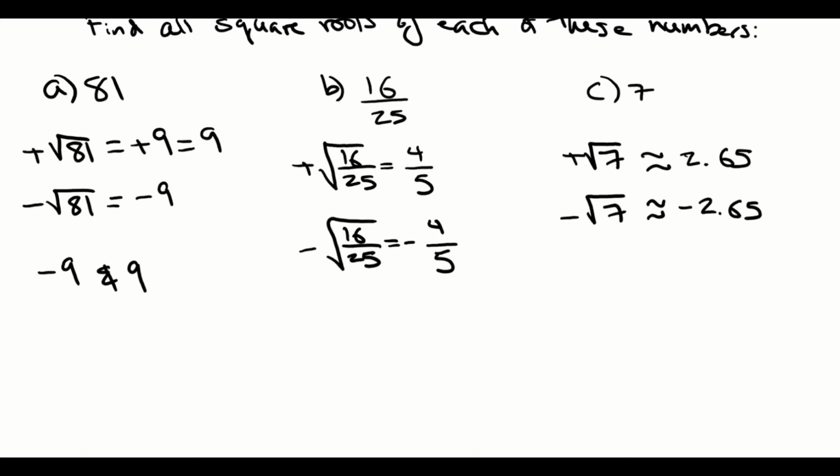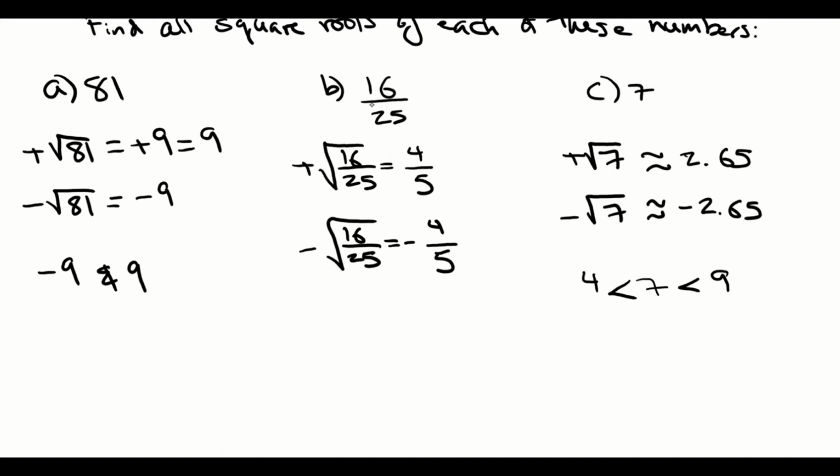Now, even though it's not very easy to find the exact value of the square root of 7, it is easy to get a pretty good idea of what the number should be even without a calculator. We know that 7 lies between two perfect squares, namely 4 and 9, right? 4 is the largest perfect square less than 7, and 9 is the smallest perfect square greater than 7.